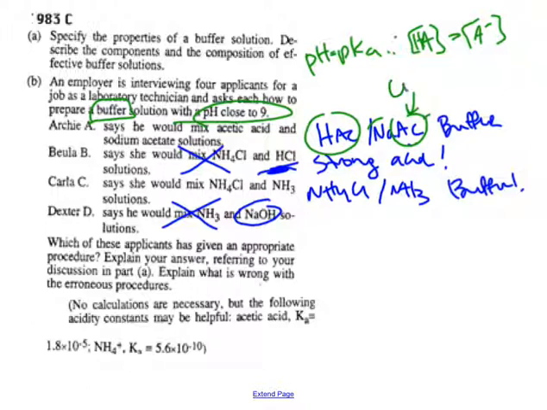So if this is the conjugate base, if we just put a crap ton of AC minus in the system, we could force that number to become basic. It's just going to be a really, really high number of this or a really, really low number of that, which is hard in the lab to get good accuracy when we're measuring out so little amounts of stuff. So Carla is just the better option.